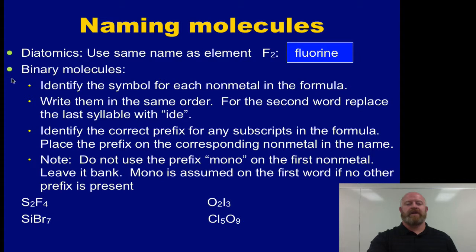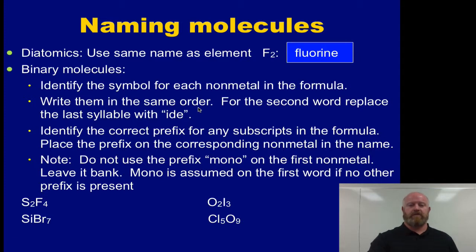When you have a binary molecule, binary meaning 2, we have 4 examples down here, SF, SiBr, OI, ClO, where you have 2 different nonmetals put together. We need to go through and name those different nonmetals now. First step, identify the symbol, and then write them in the same order as they come in the formula.